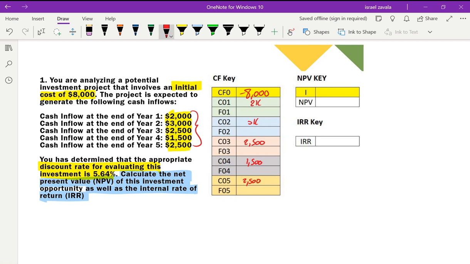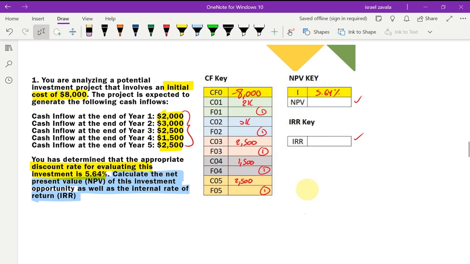And the discount rate is going to be 5.64%. All the frequencies, they're all just going to be 1. Okay, we're not really making any adjustments to the frequency, because there is no frequency. Frequency means that the number shows up more than once consecutively. All right, so we're going to be looking for NPV and internal rate of return.